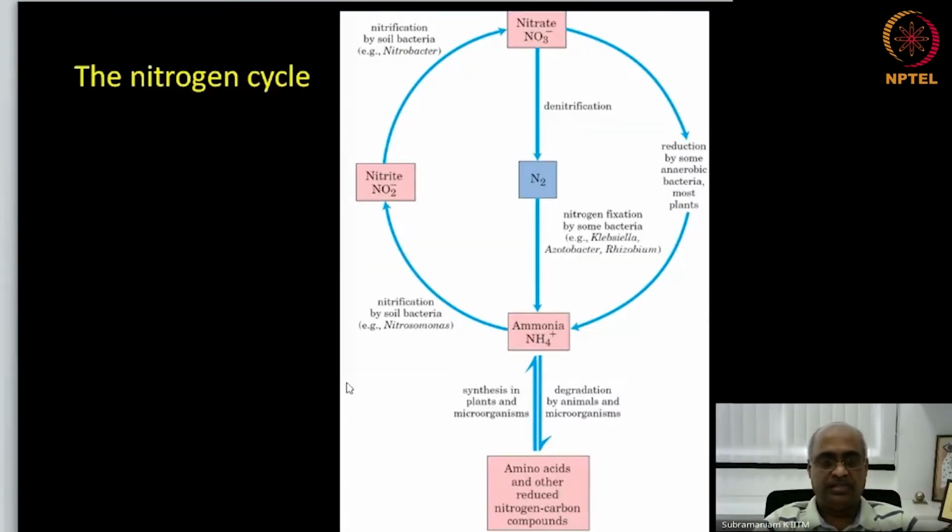This slide we are already familiar with. We have looked at it earlier, so just for a quick refresher: bulk of the nitrogen exists as free nitrogen molecule in the atmosphere. These two nitrogen atoms are triple bonded, a highly stable and inert gas.